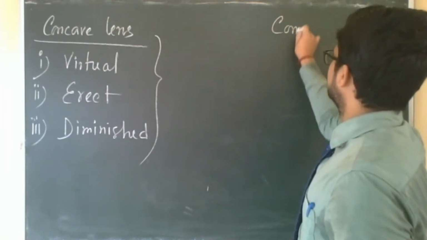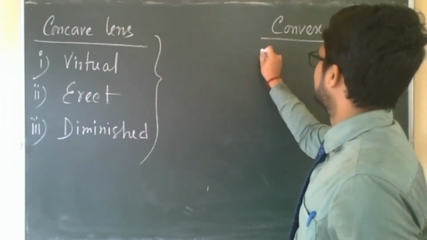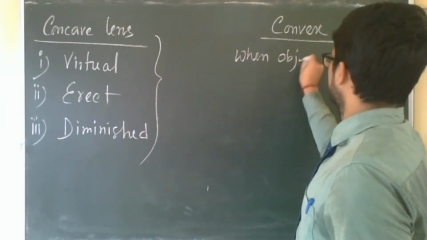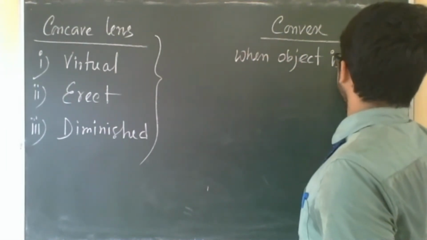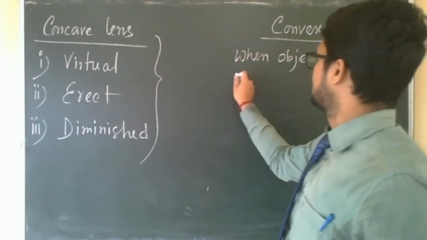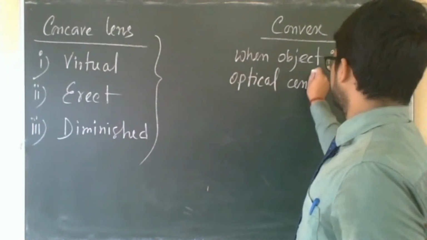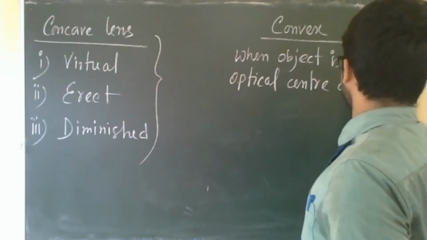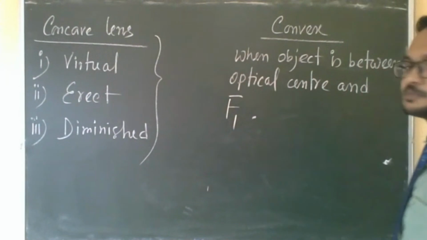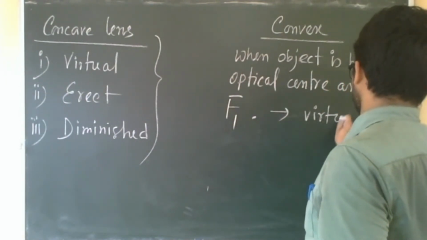But for convex lens, we can get a virtual image for only one case. What is that case? When the object is between the optical center and first focus, then only we can get a virtual image.